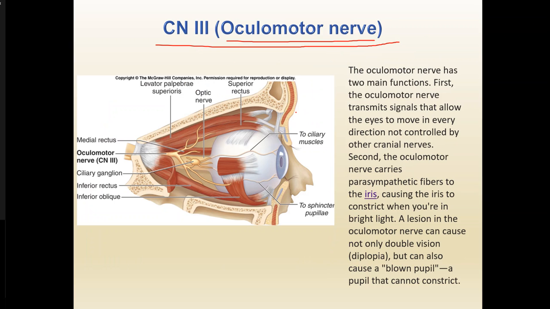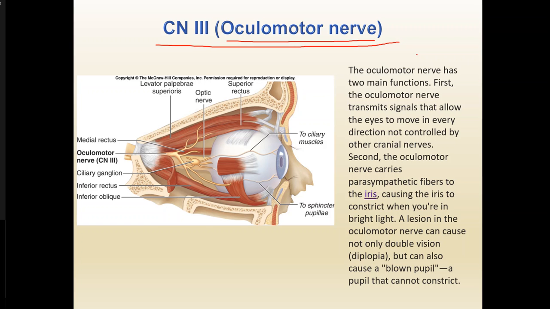This has two main functions. It transmits signals that allow the eye to move in every direction. And secondly, the oculomotor nerve also carries parasympathetic fibers to the iris, and this parasympathetic pathway causes the iris to constrict whenever there is too much light.